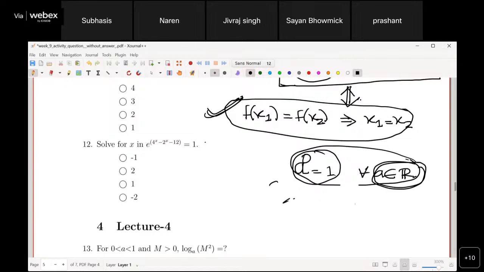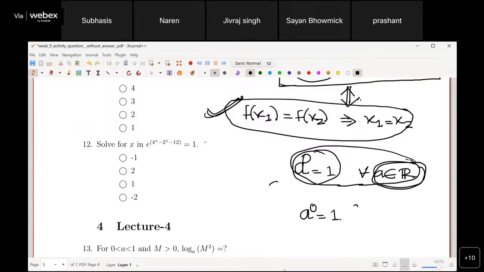That means in particular, if a is equal to 0, and 0 is also a real number, then 0 to the power 0 is 1. Sir, it should be correct. That is what I am trying to explain. So first tell me what the statement is saying: a to the power 0 is 1, right?